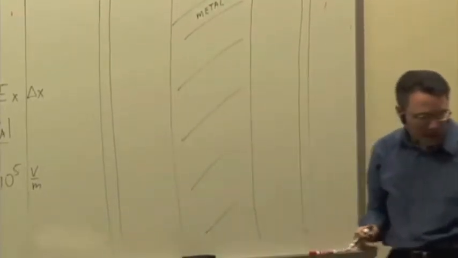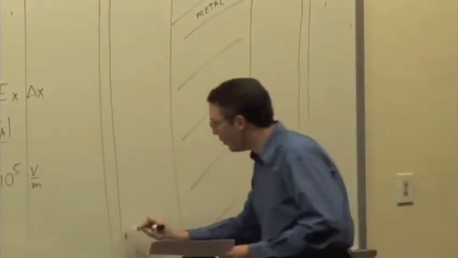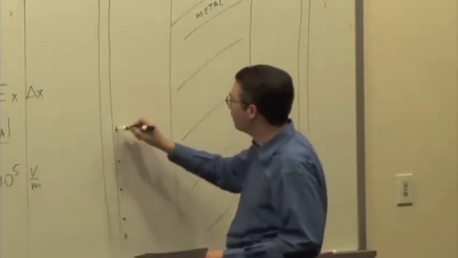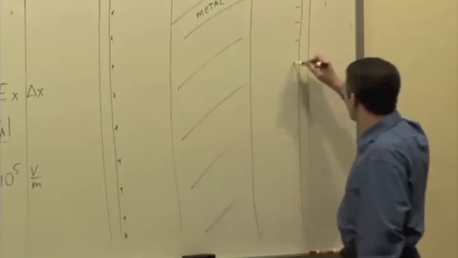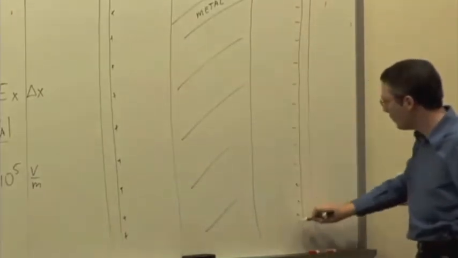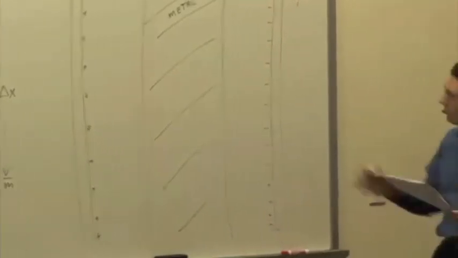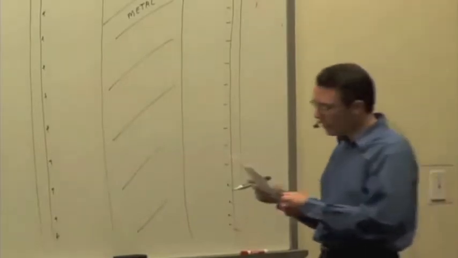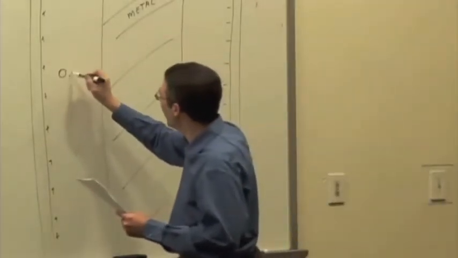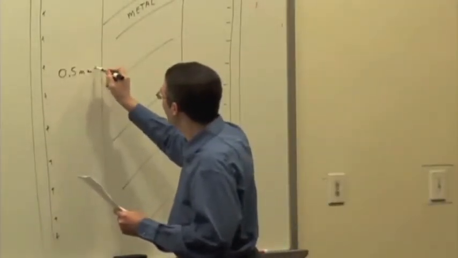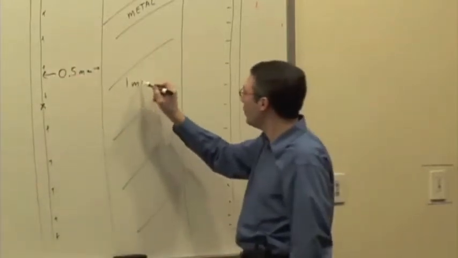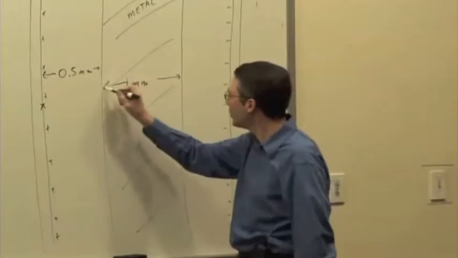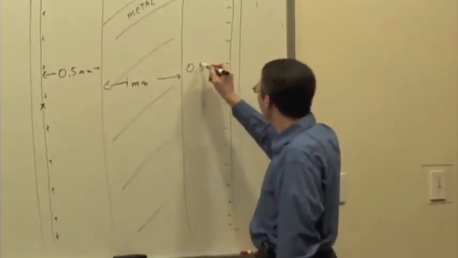Okay, and so this plate is still positive. This plate is still negative. And let's say the distance, let's say this is 0.5 millimeters from A to this surface of the metal. This is a 1 millimeter thick metal slab, and this is another 0.5 millimeter.